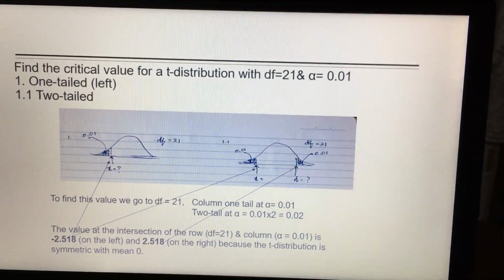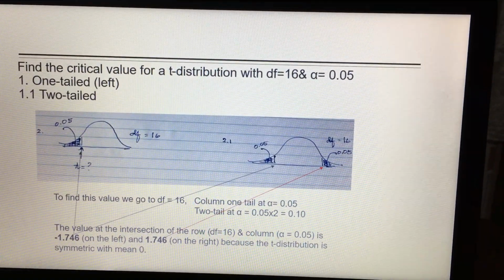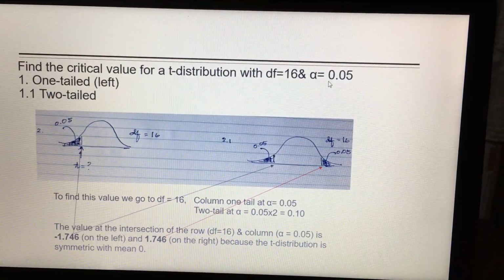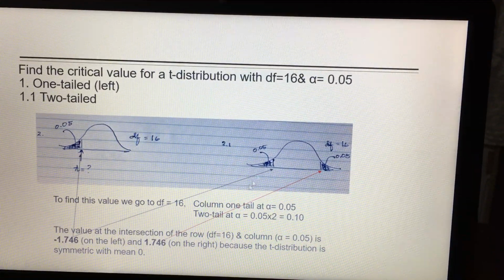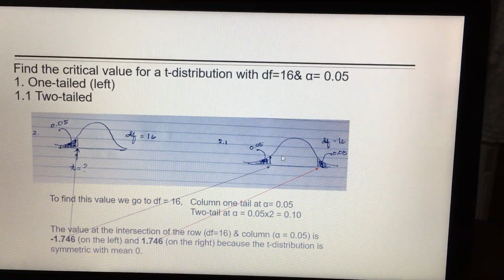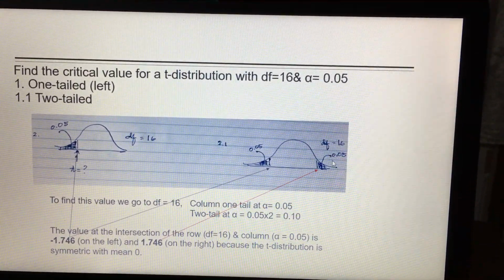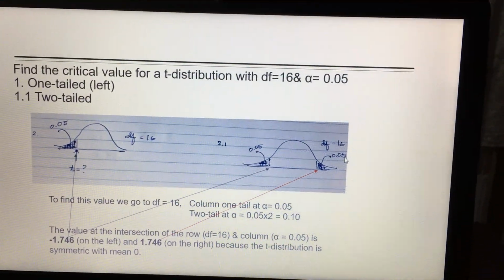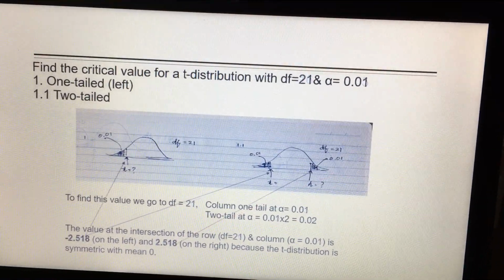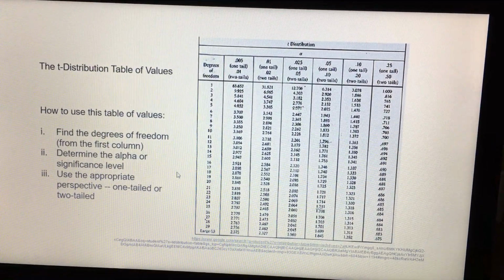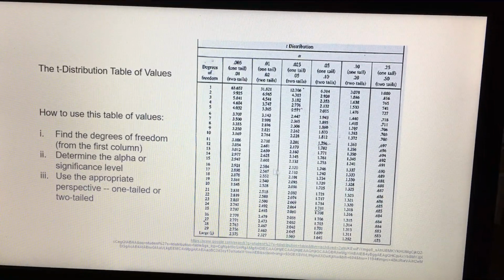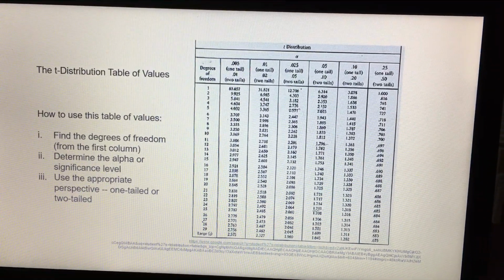Example number 2 will require that we look for degrees of freedom 16 and alpha 0.05. Looking at the left tail, we have 0.05. On the two tails, we have the same alpha of 0.05 for both tails. And we go back to the table of values and we look for degrees of freedom 16 and alpha equal to 0.05.